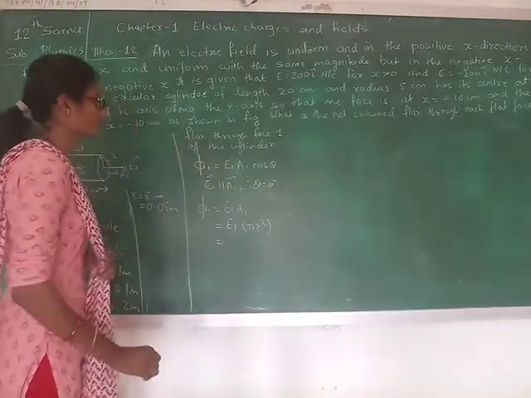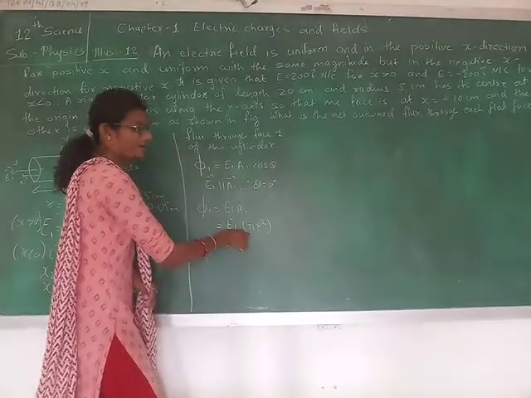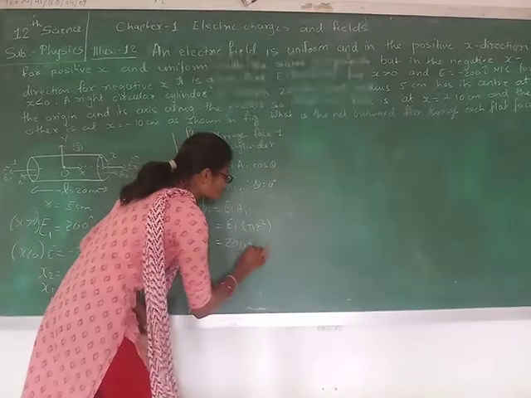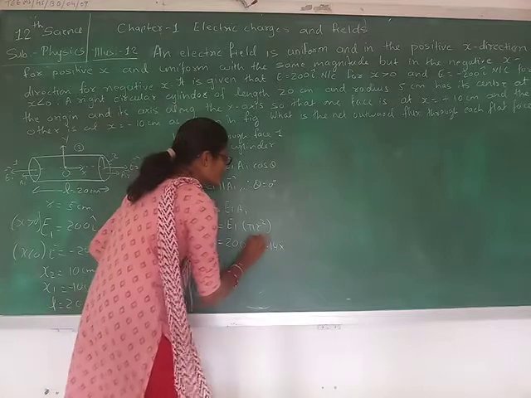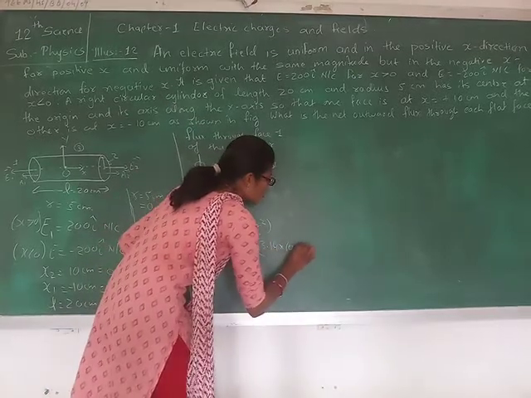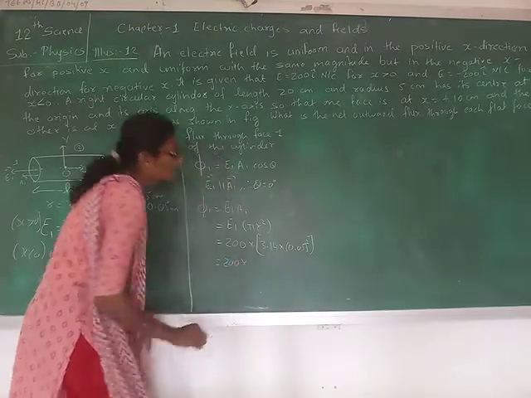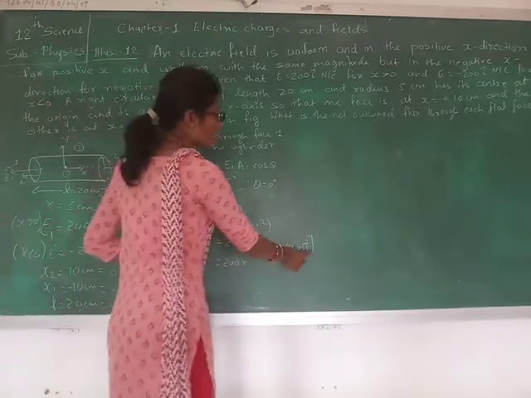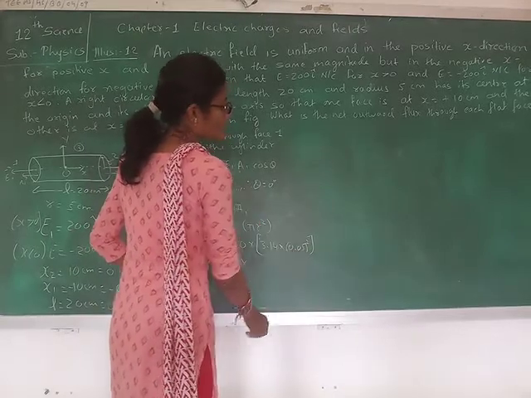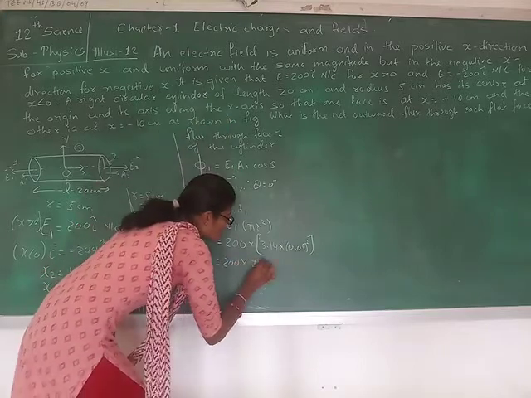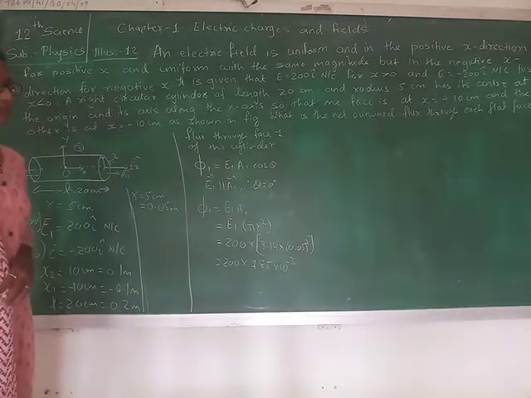E1 is 200, and pi r square is 3.14 into the radius 0.05 squared. The value of pi r square is 3.14 into 0.05 whole squared, which equals 7.85 into 10 raised to minus 3.